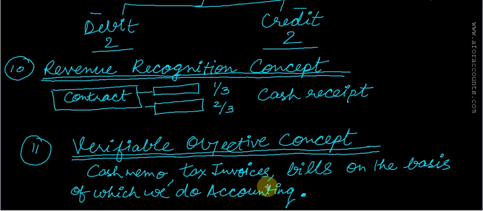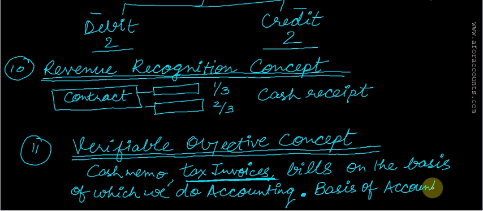So it is said that whenever you purchase or you sell goods, you should keep a tax invoice with yourself. You should keep it in a proper file. Then only it is a base for the CA to audit your accounts. So it is the basis of accounting and auditing.